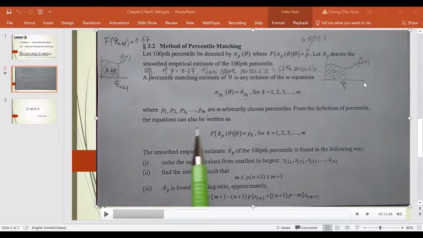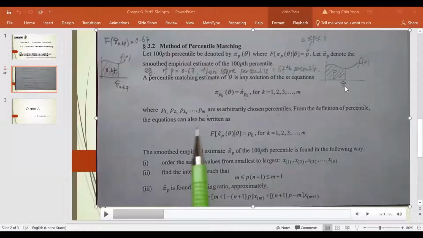Our x usually refers to the claim or the loss from an insurance company. So this pi_p also refers to the claim or the loss. In other words, pi_p is money, a data value in terms of money. I hope you get it.